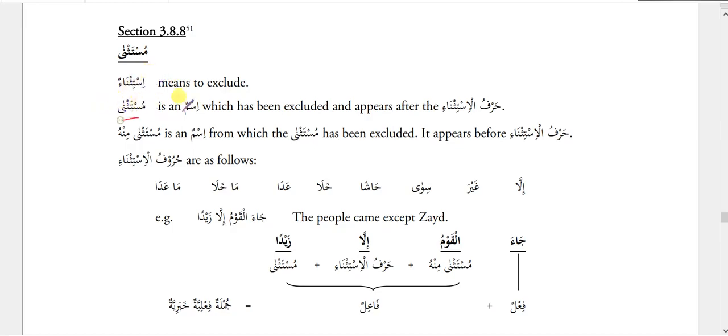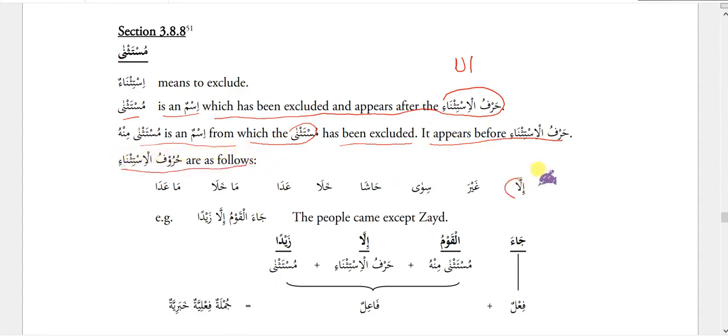Now, mustasna is an ism which has been excluded and appears after harful istisna. Harful istisna is illa. Mustasna minhu is an ism from which mustasna has been excluded. It appears before harful istisna. Harful istisna are as follow: illa, ghaira, siwa, hasha, khala, ada, ma khala, ma ada.